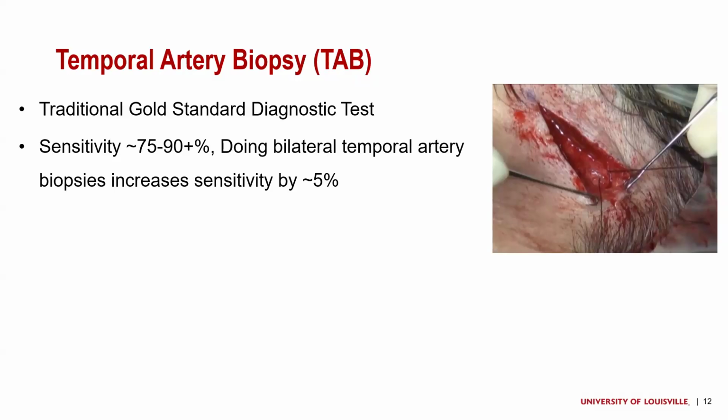And sometimes people can do a bilateral temporal artery biopsy, which increases your sensitivity by about 5%. At this point, if you're already considering a temporal artery biopsy, and since this is a fairly low risk procedure, you almost might as well just do a bilateral biopsy to increase your yield so you can have the most accurate data to base your diagnosis off of.